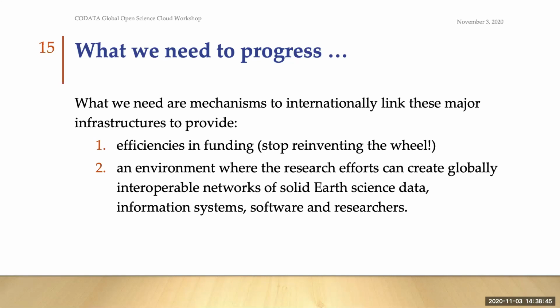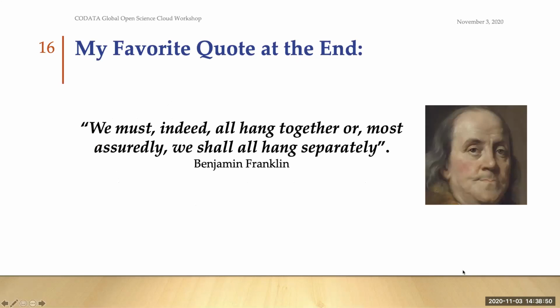And to my last slide, which is just a statement, I think that could lead us well into the discussions, is that we need global collaboration, that we indeed must all hang together. Almost assuredly, we shall all hang separately.